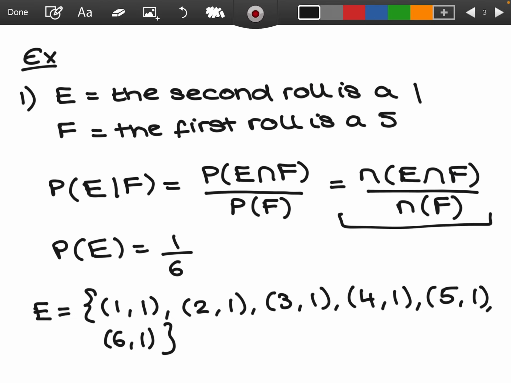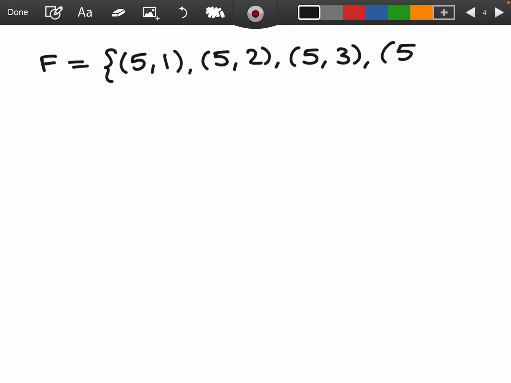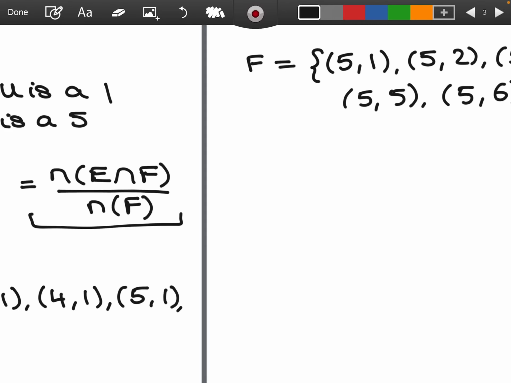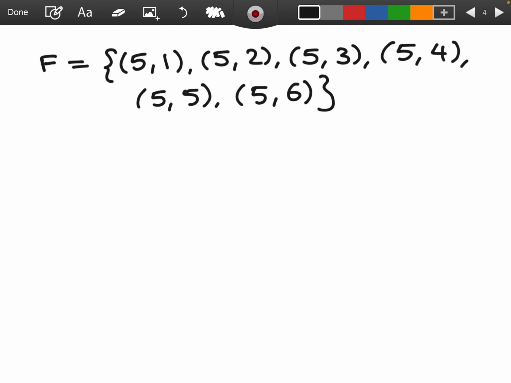For F, okay, I'm saying that my event F is that the first roll is a 5. So my second roll can be anything. So my first roll is a 5. So I get 5,1, 5,2, 5,3, 5,4, 5,5, and 5,6.